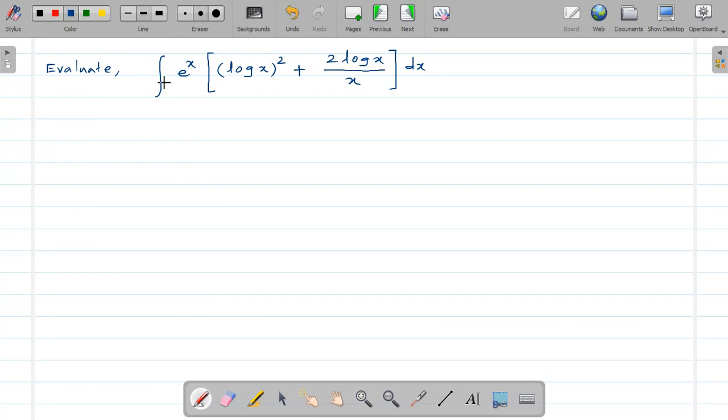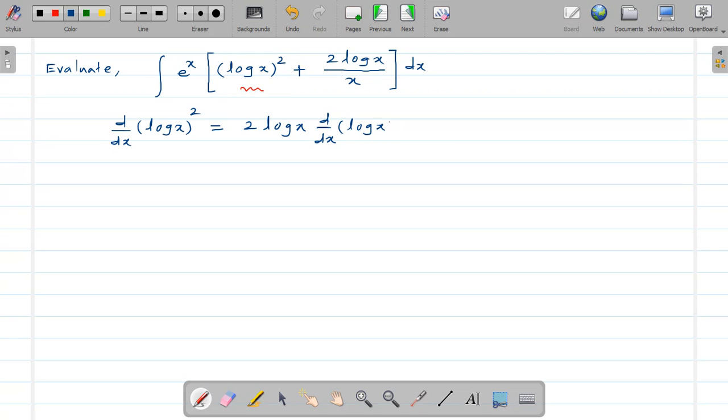Now another one: integration of e raised to x into [(log x) squared plus 2 times log x upon x]. Now if you observe the term carefully, try to check the derivative of (log x) squared. How will you get the derivative of (log x) squared? By chain rule it will be 2 times log x into d by dx of log x.